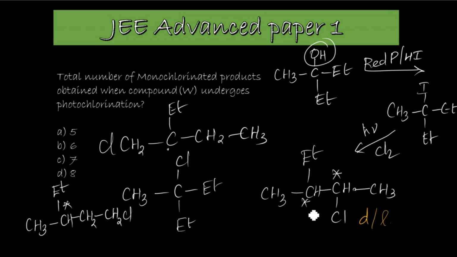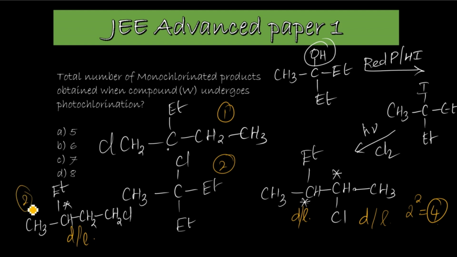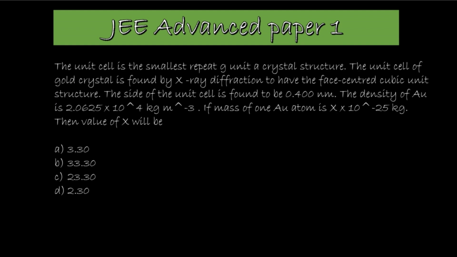And here also this carbon, again it is also a chiral center, which makes 2 chiral centers over here. So the possibility is 2 to the power 2, 4. And apart from that, 1, 2, here I am having 4, and this is 1 chiral center. So 2 here, I mean 3 and 4. So total the answer to this question is 8.